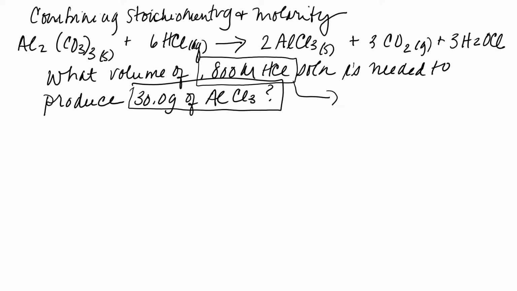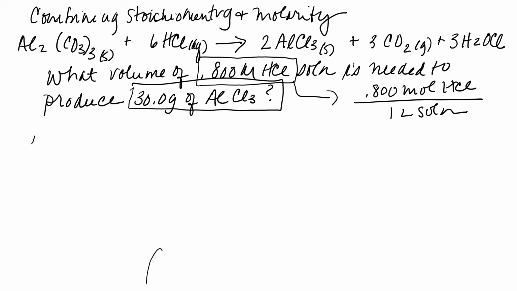Remember, molarity we can write as 0.800 moles of HCl per 1 liter of solution. So in order to use this, we need to get a molar relationship between AlCl3 and HCl, which we can get from the balanced equation.